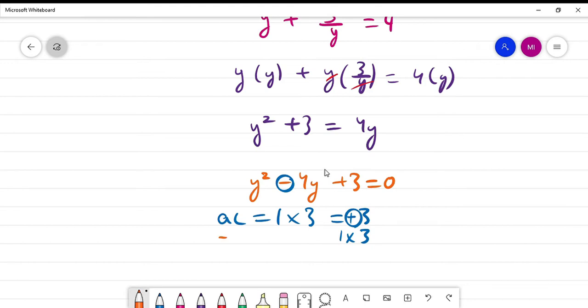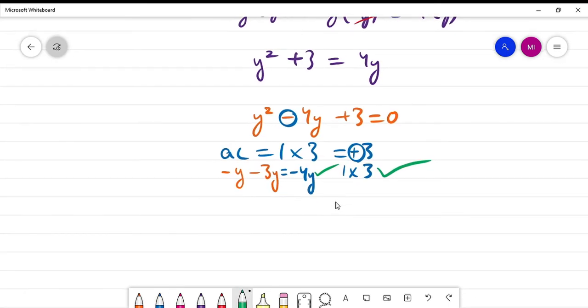So we get negative y minus 3y is the only way we can factorize it, and we get negative 4y, so it will work. So let's use it. We get y squared minus y minus 3y plus 3 is equal to 0.